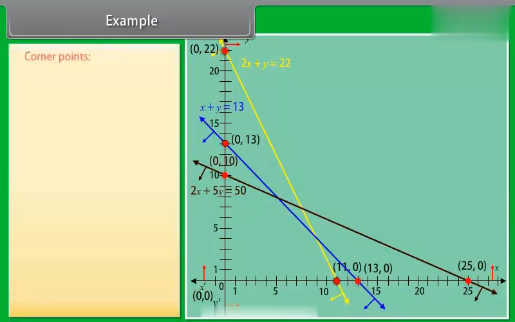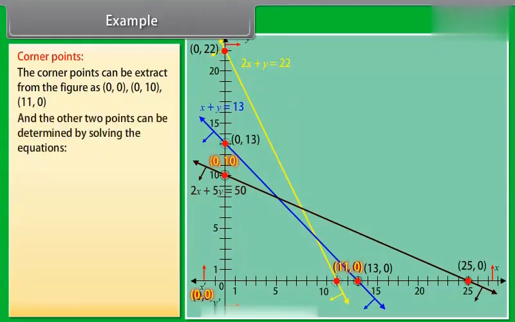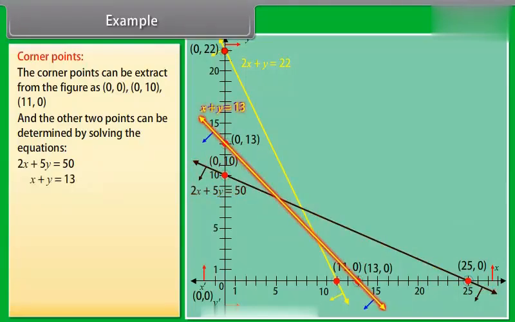Let's find the corner points. The corner points can be extracted from the figure as (0, 0), (0, 10), (11, 0), and the other 2 points can be determined by solving the equations. 2x plus 5y is equal to 50 and x plus y is equal to 13.